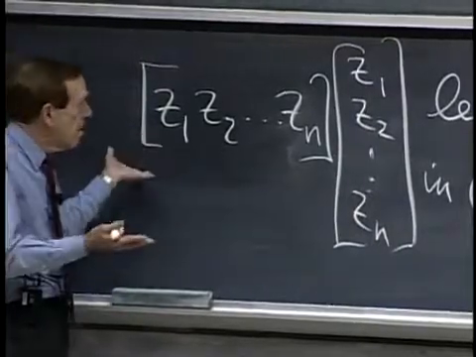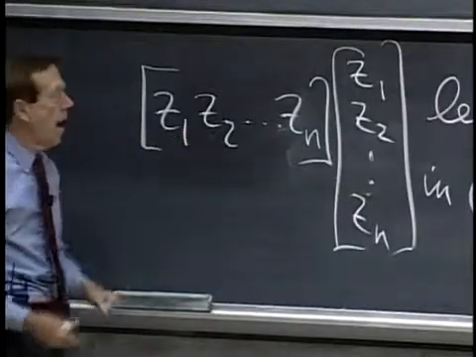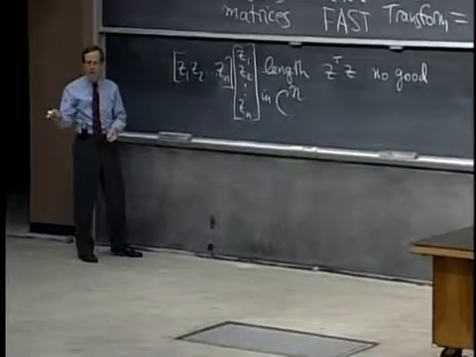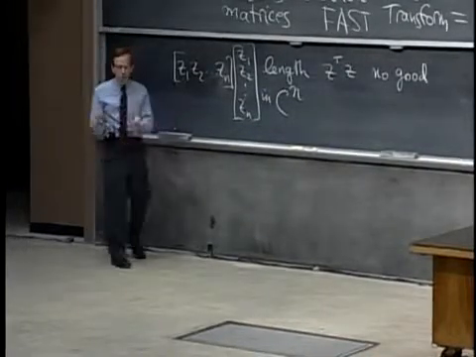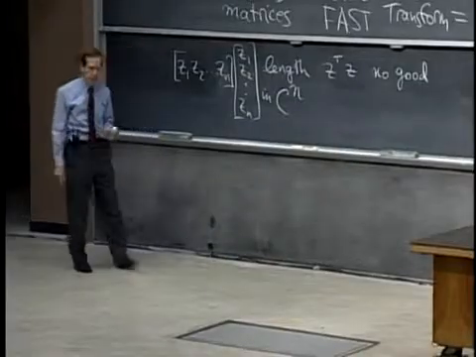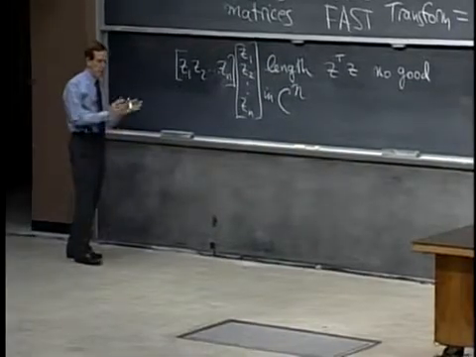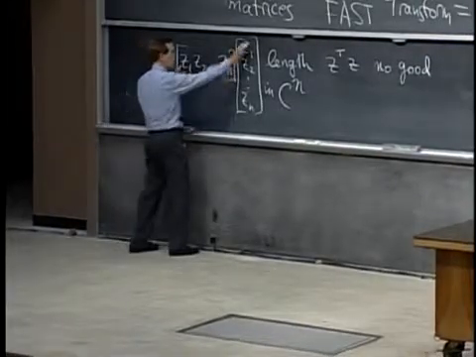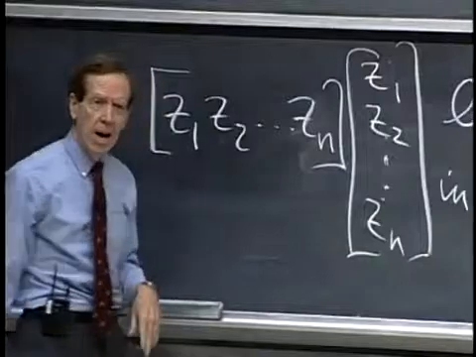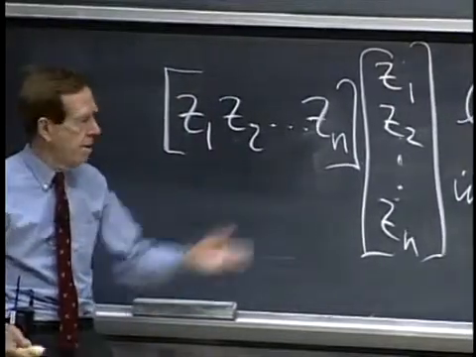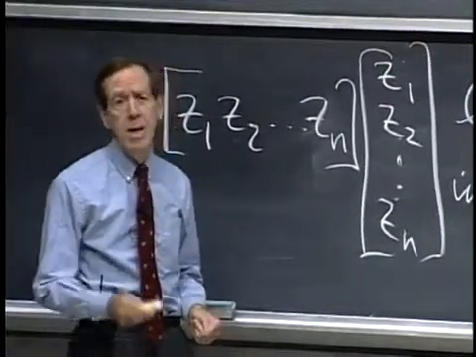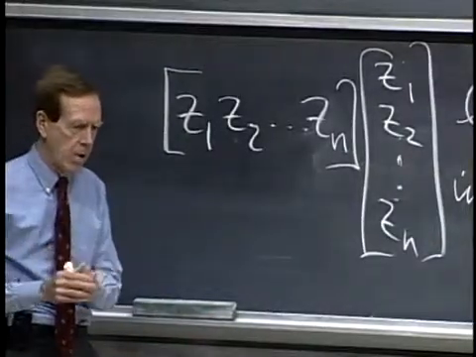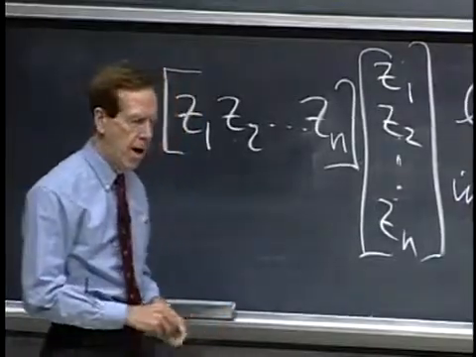Suppose this is like 1 and i. What's the length of the vector with components 1 and i? So n is just 2. I'm in C2, two-dimensional complex space, with the vector whose components are 1 and i. If I took 1 times 1 and i times i and added, z transpose z would be 0. But that vector, the vector with components 1 and i, doesn't have length 0.